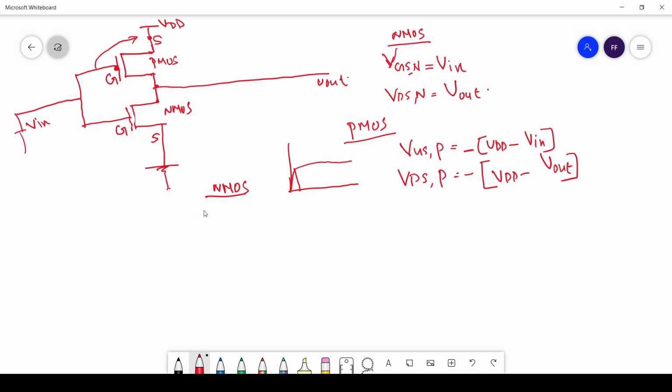First, NMOS is off when V in is less than the threshold potential, VT of N. When V in is greater than VTN, it turns on, and there are two possibilities, either linear or saturation. First we write the equation for NMOS in linear region.